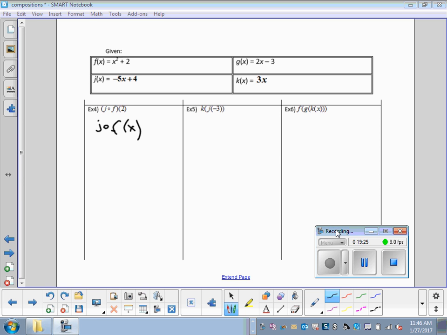And after you are done figuring out what is this new function, then you will substitute 2 for x. But first just do this. So this would be j of f of x. Right? And then I do the same. Yes, first I'll just do x, just so it's easier, like in steps. So the first step, just find what that composition function is.